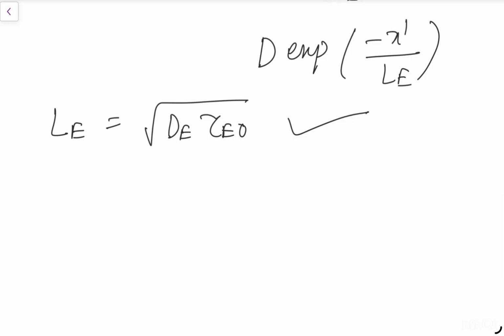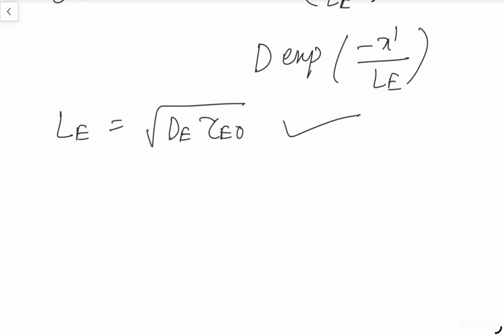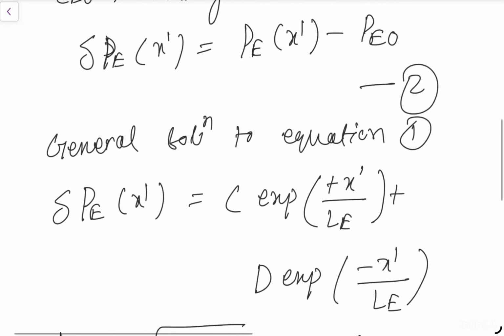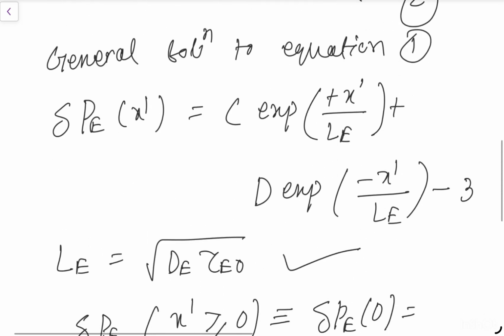So the two boundary conditions. First one, delta PE, if I consider x dash greater than or equal to 0, equivalent to delta PE at 0, basically x dash is equal to 0 here. If you substitute this value in this equation, let's name it as equation 3, right?